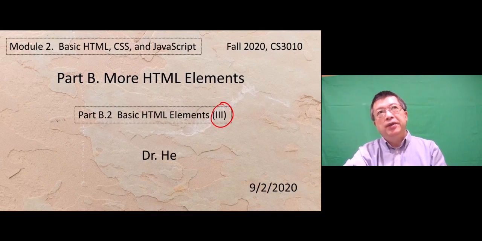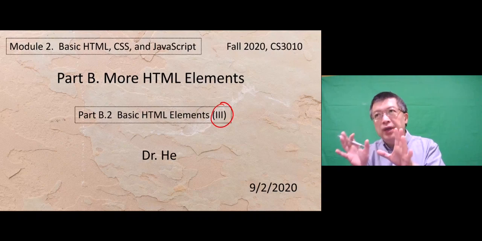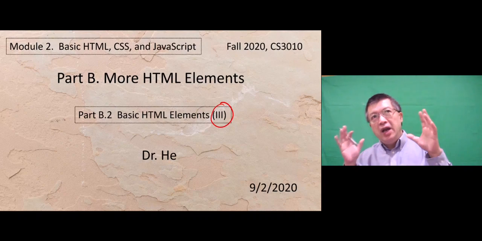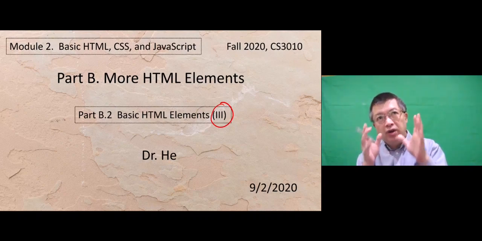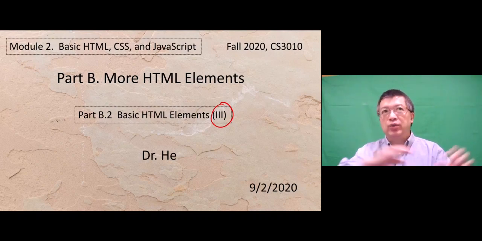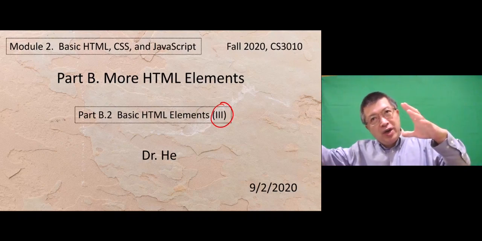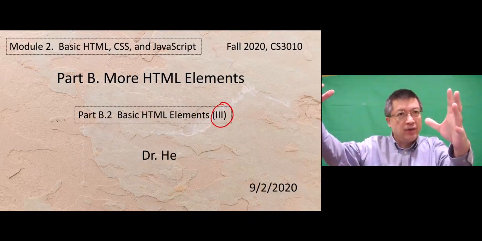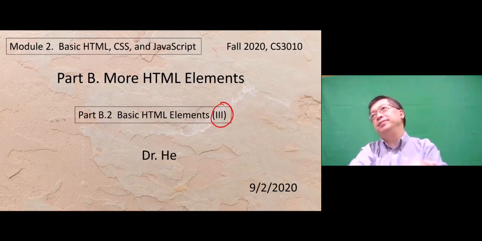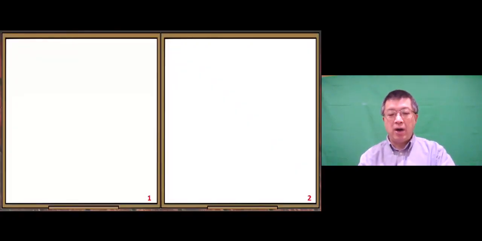But those elements I want to leave after we learn JavaScript, because we will make them work with JavaScript directly. In that way, we can save some time. So we learn JavaScript and those Part 4 HTML elements together. All right, so let's start this Part 3.